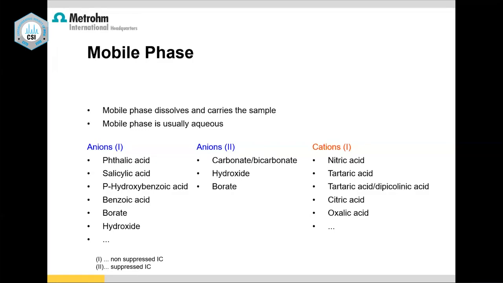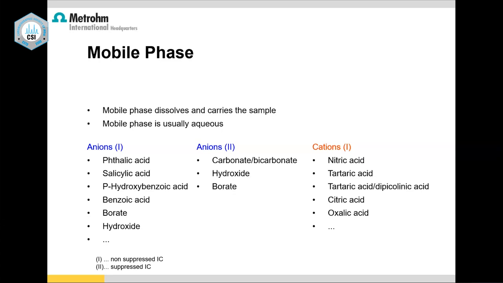Now, if you see these chemicals normally used in IC, it is very simple. Carbonate, bicarbonate, nitric acid, or hydroxides are very easily available. So this makes the technique follow the KISS principle: keep it simple and straight.